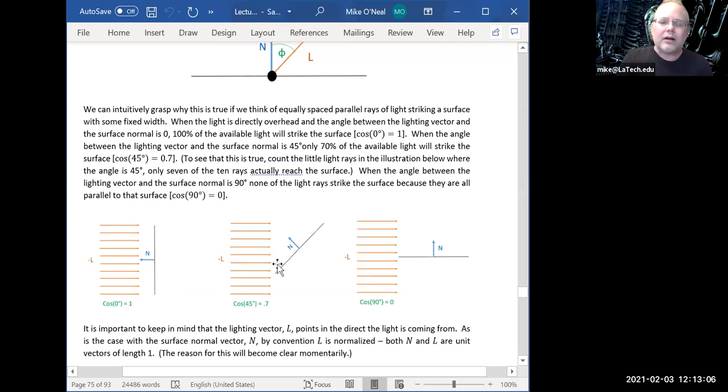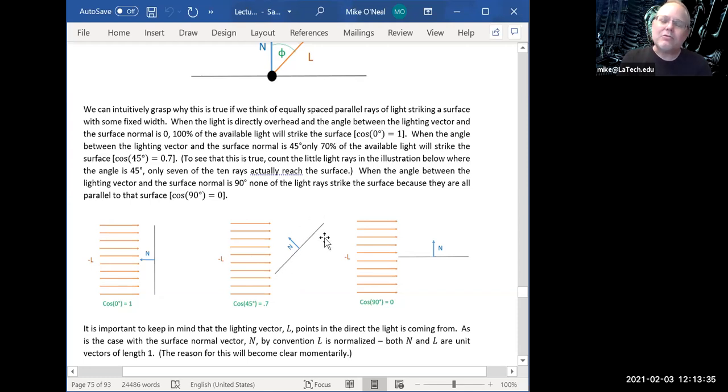Here, if we look at an angle, all 10 of the light rays aren't going to hit the surface. 7 light rays hit the surface, and 3 of them miss it. Interestingly, the cosine of 45 degrees is 0.707, but it's about 0.7, and that's telling you that 70% of the light reaches the surface.